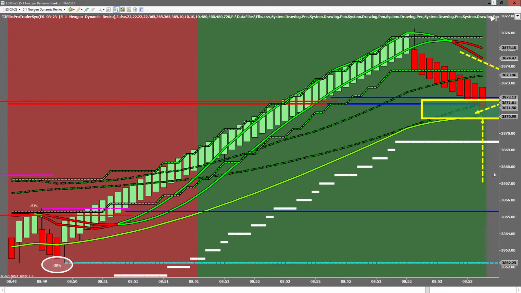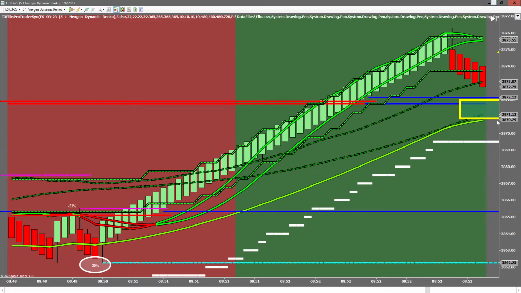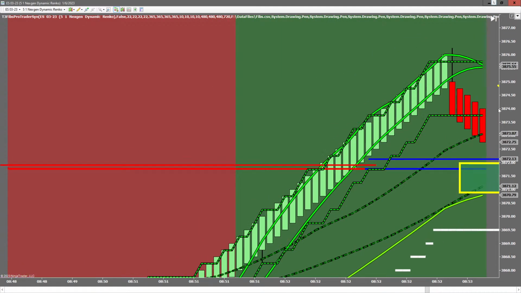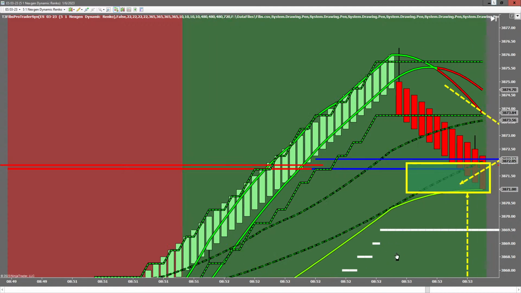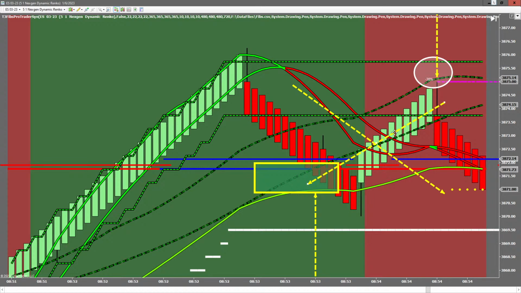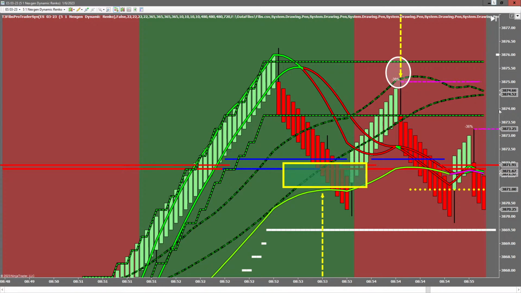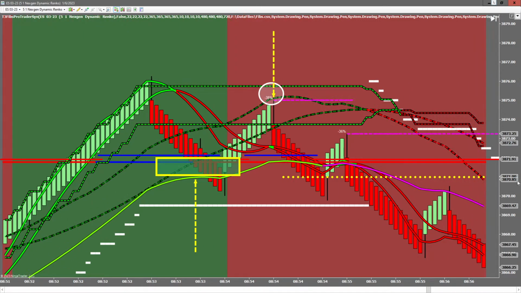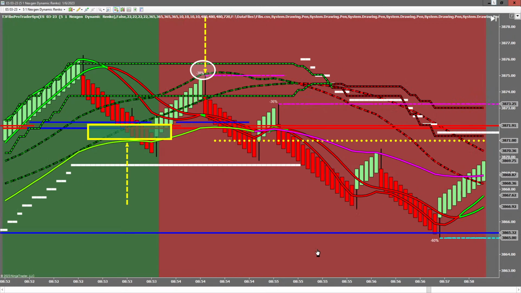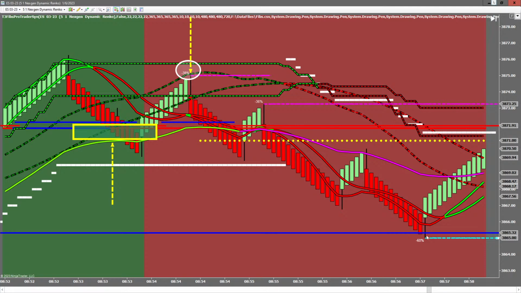And again, as we progress forward, I think prior to this area, small trigger location said you have to take a long trade, which is cool. And then it changes. Small trigger location says you got to get the hell out of your long trade because it's not going to work. And ultimately, we made it down to fib support. And fib support holds.